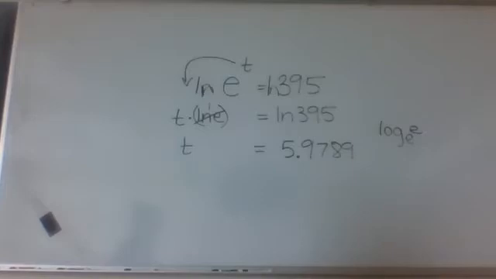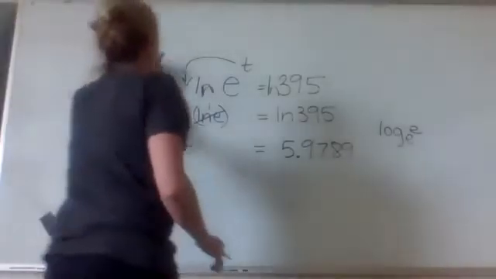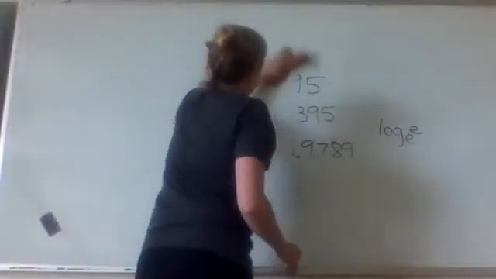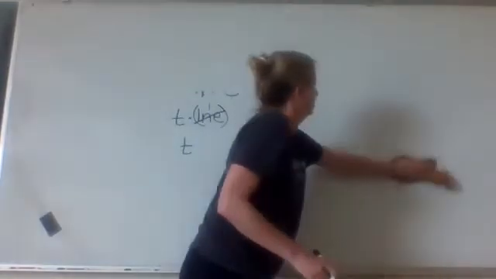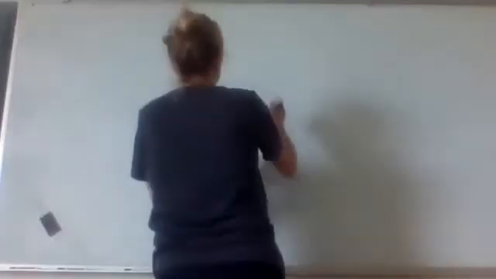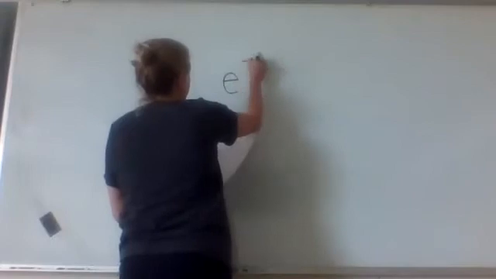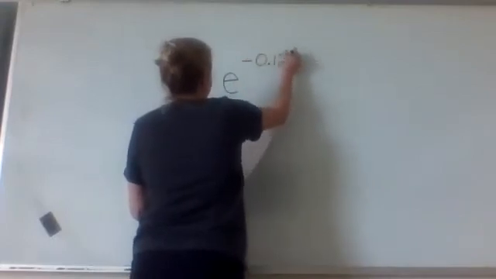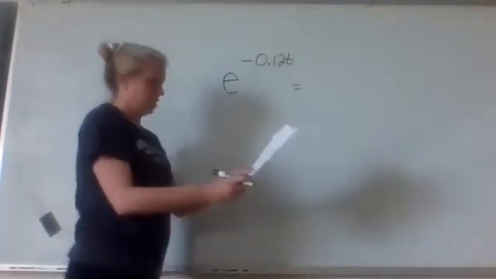All right, number 8. e to the negative 0.12t is equal to 0.17.